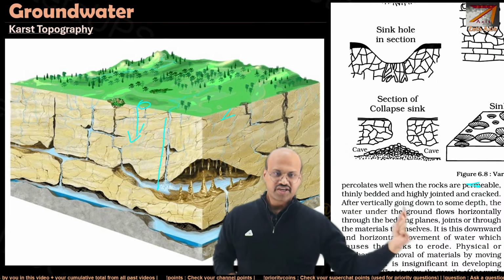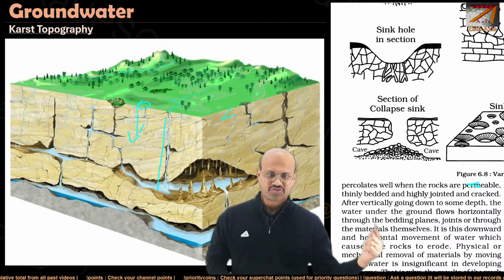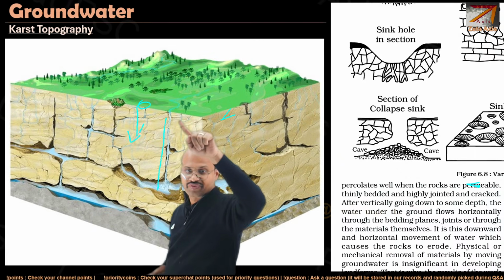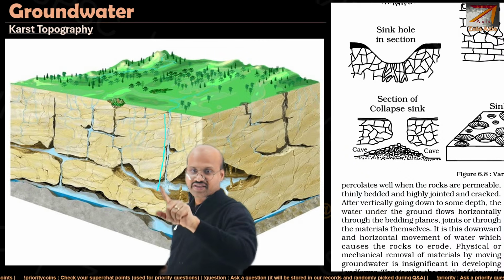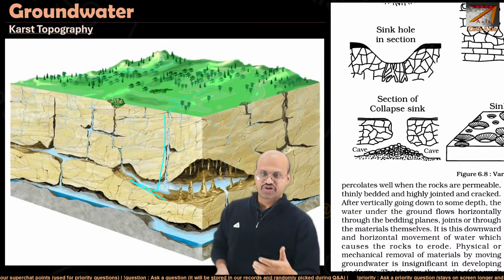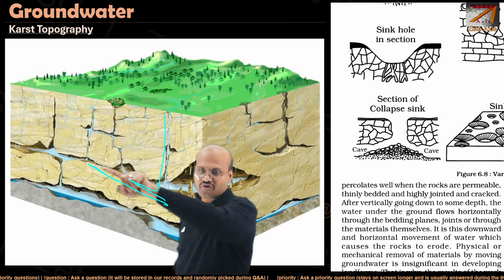After vertically going down to some depth, the water under the ground flows horizontally through the bedding planes. Here you can see that this water has entered from the surface and then it has reached a certain level where the rocks are less eroded, or there is some space, some horizontal bedding, where the water can flow horizontally.